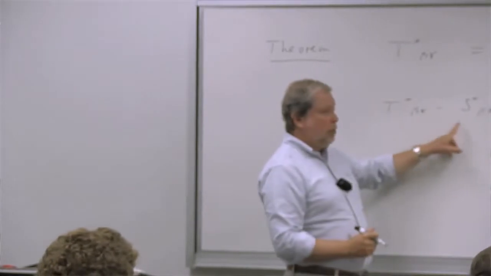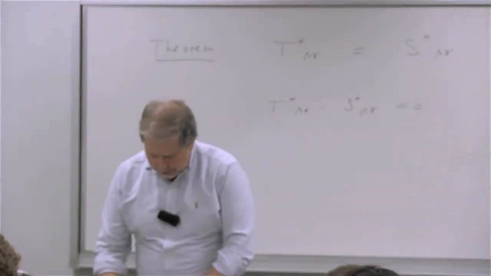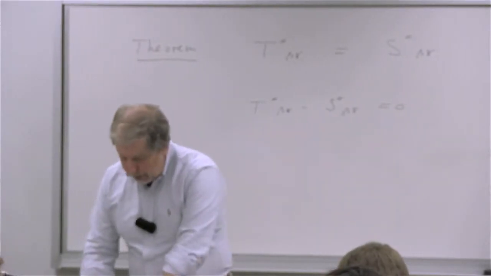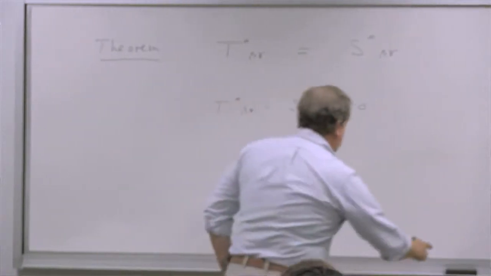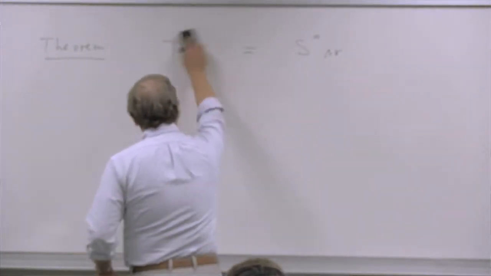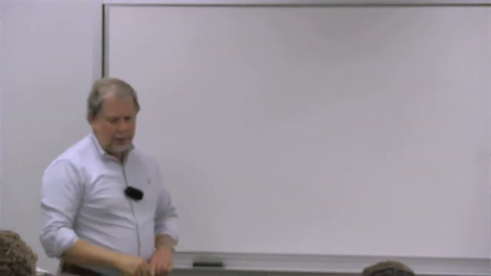Remember, the transformation laws are linear for both of these. So if the difference vanishes in one frame, then it will always be 0. Okay, so this is the short introduction of tensors and the generalization and manipulations that we have in special relativity.